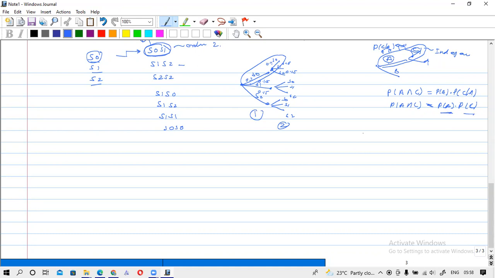If these are not independent, you have to use the conditional probability. It comes through this: P(A and C) is equal to P(A|C) P(C). And if this is independent, it is P(A) P(C). So P(C) cancels out, and you get P(A|C) equal to P(A).